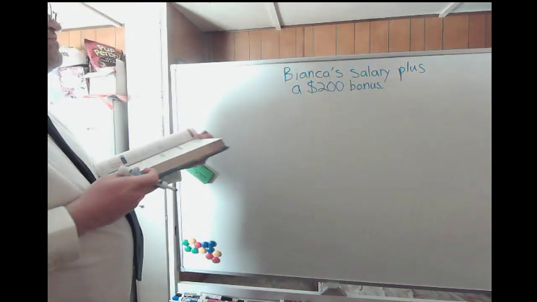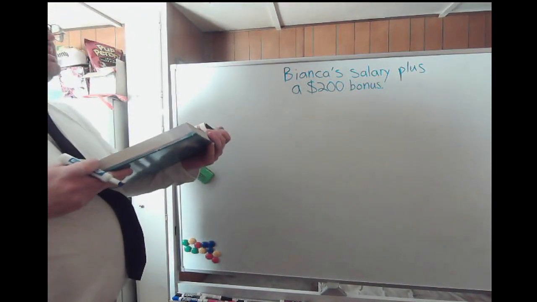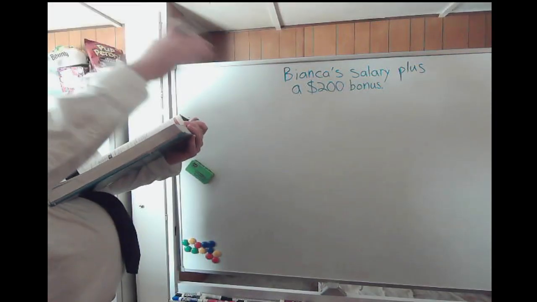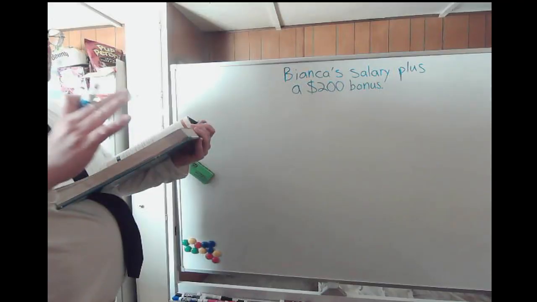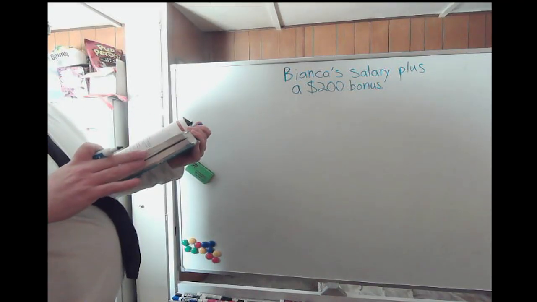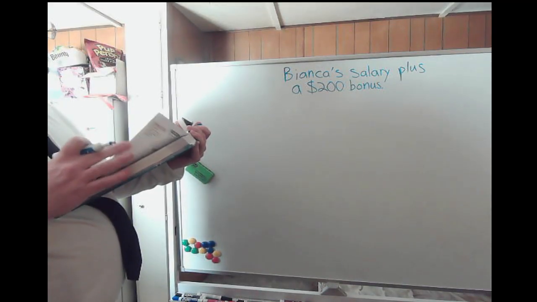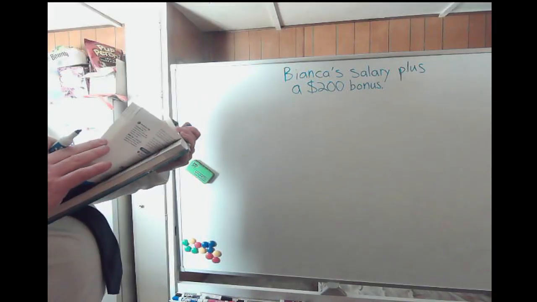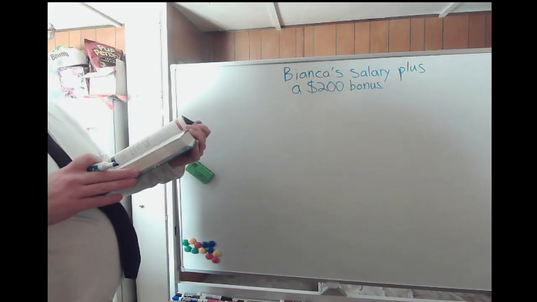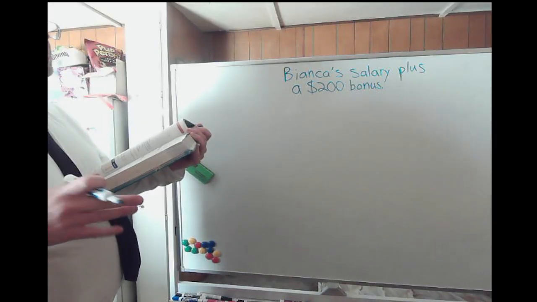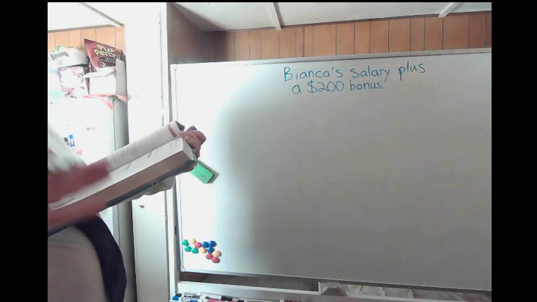Okay, so what the goal is here is to take this statement in English, this sentence, and translate it into an equation with a variable. Bianca's salary plus $200. Well, the salary is the variable because we don't know what her salary is. We know the $200 bonus, but we don't know what her actual salary is.